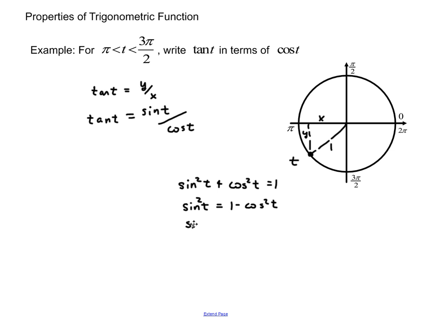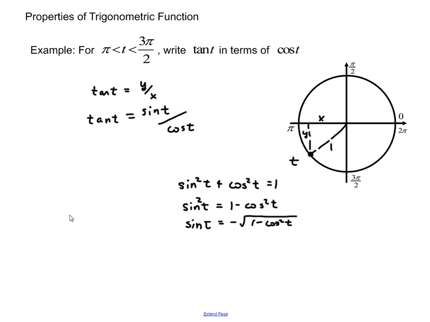So if we solve for sine of t in this equation, we would have to take the square root of the other side, but we have to take plus or minus. How do we know which one? Well, we're in quadrant 3, so it has to be negative. So we'd say the negative of the square root of 1 minus the square of the cosine of t.